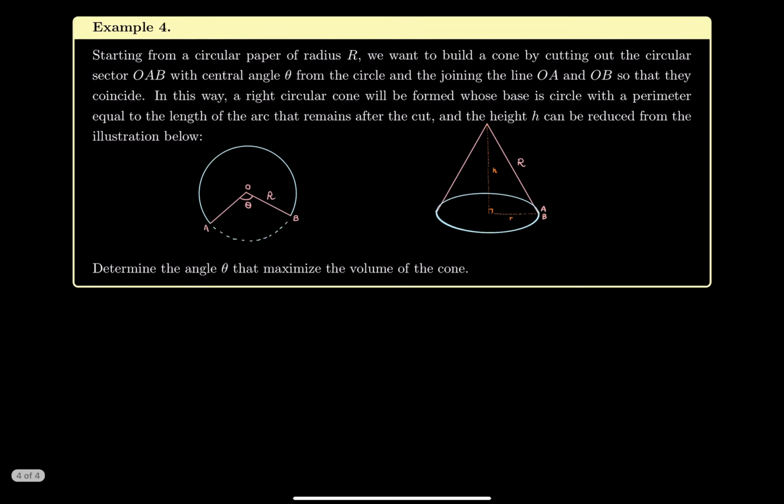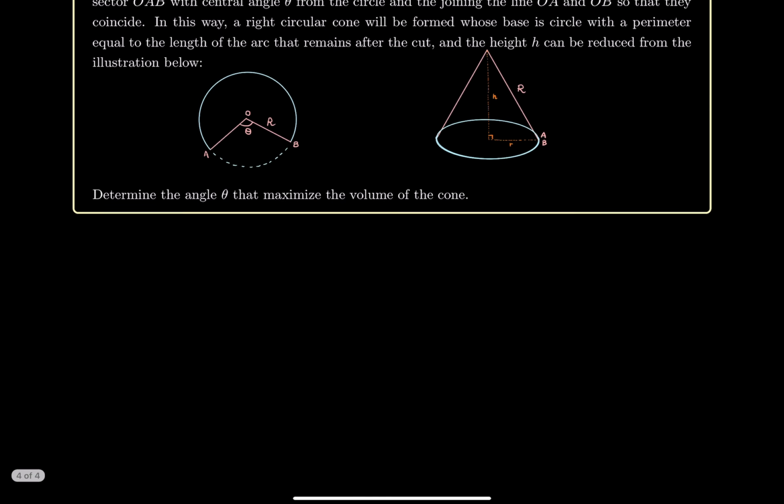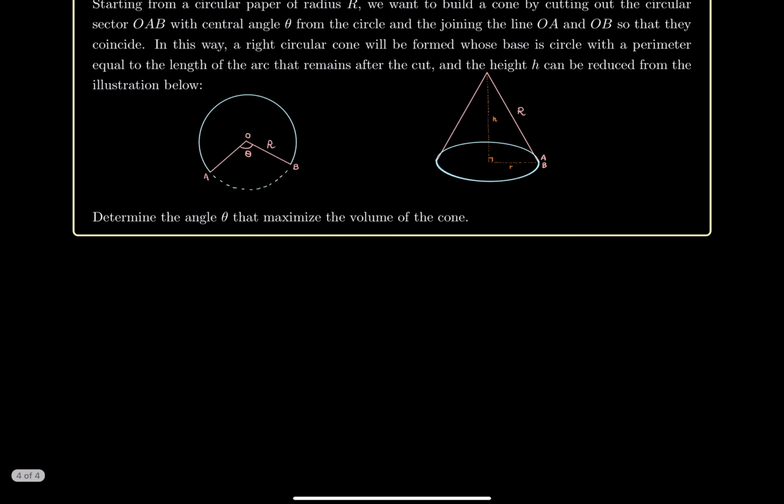Alright, so let's see, shall we define variables? Actually most of them are defined for us already, so let's still define that V be the volume of the cone, r be the radius of the base, h be the height of the cone.